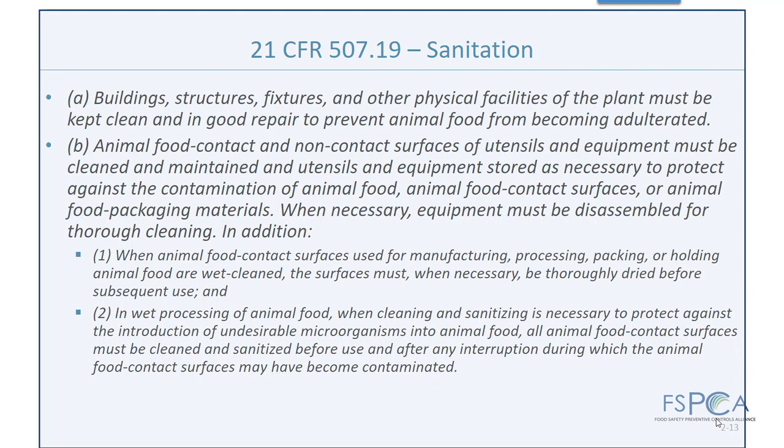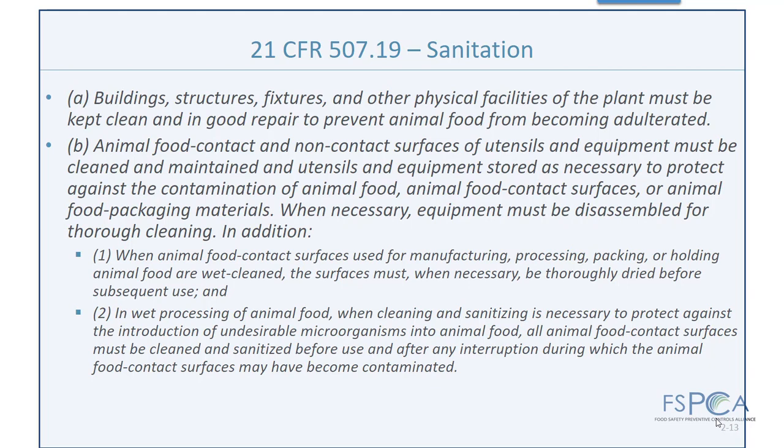And in wet processing of animal food, when cleaning and sanitizing is necessary to protect against the introduction of undesirable microorganisms into animal food, all animal food contact surfaces must be cleaned and sanitized before use and after any interruption during which the animal food contact surfaces may have become contaminated.